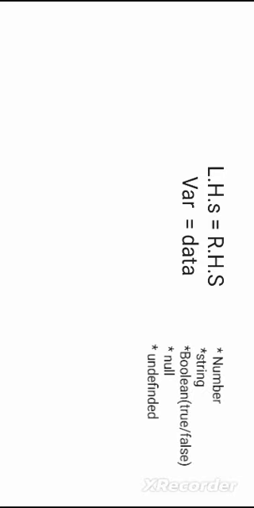So what is the variable here? x is the variable, y is the variable. x is the variable, 2 is the data, because remember under the primitive data types, one of the data types we have is numbers. y is the variable, 3 is the data, z is the variable, x is a variable, and y is a variable. So a variable can not only store numbers, it can also store a variable, a function, a method, a string, boolean, null, and undefined.